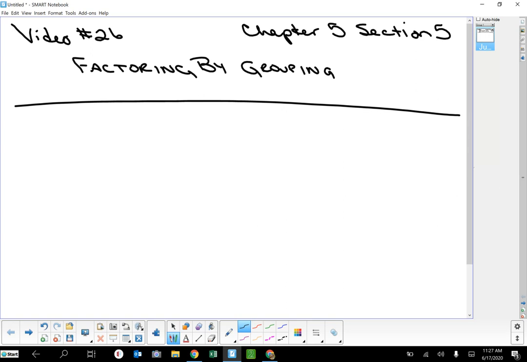Okay, so we mentioned our last section was factoring out a GCF. You should look to see if any problem ever has one if you're going to factor.